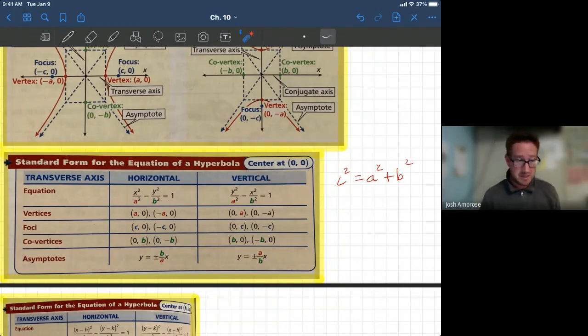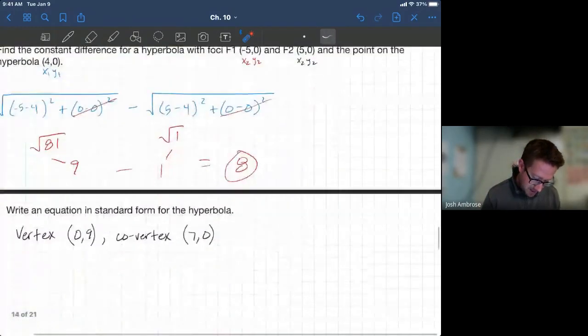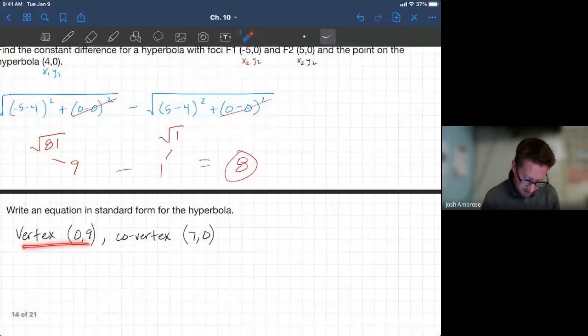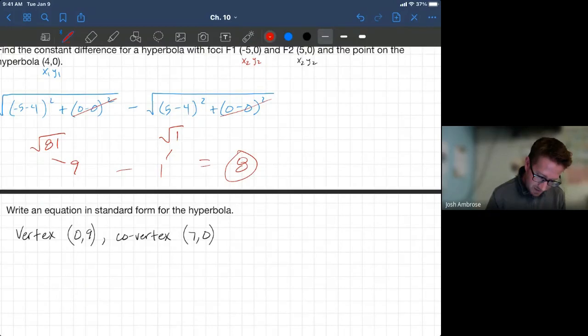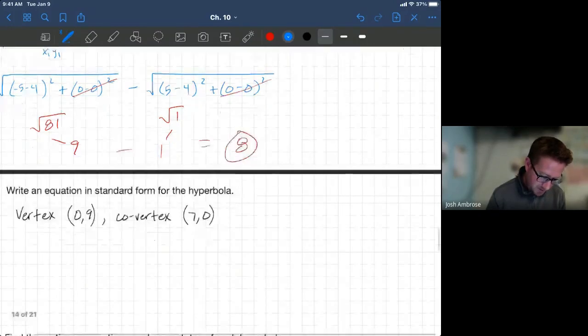Unfortunately, to use the standard form, you have to have A and B. So if they give you A and B, which is like what we were given, then it's very easy. But if they don't give you A and B, you have to solve for the unknown. All right, so let's get back to it. They give us A and they give us B. Here's the part where we don't actually have any major calculations to do.